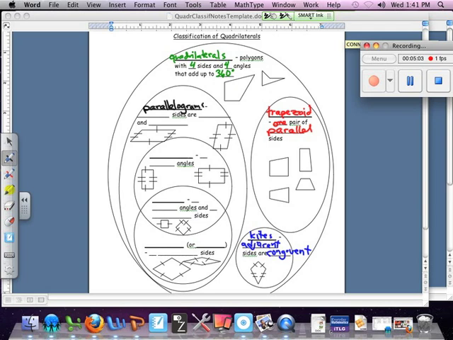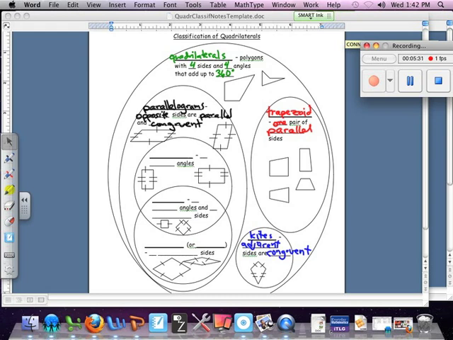The thing you need to notice about parallelograms is that opposite sides are parallel and congruent. And it also holds true that the opposite angles are congruent.